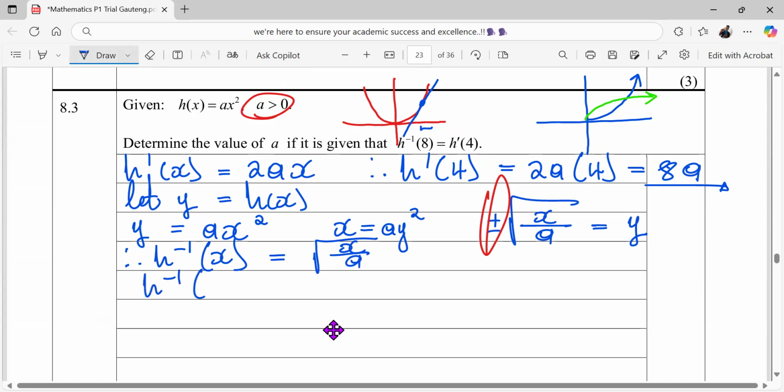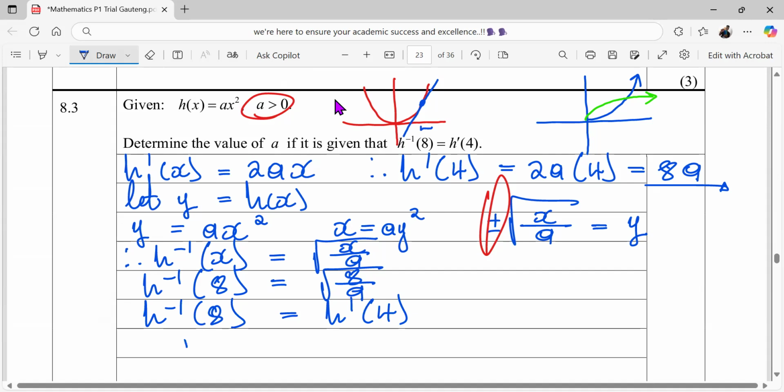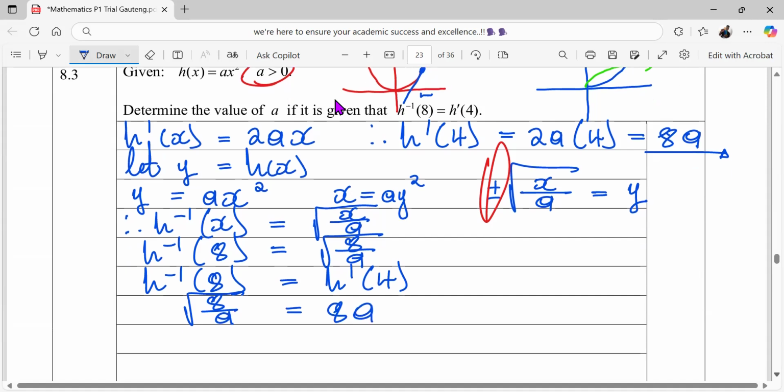Then we find the inverse when x is 8. Well, this is just going to be the square root of 8 over a. Then we equate these two. This one is going to be square root of 8 over a, and this is 8a.